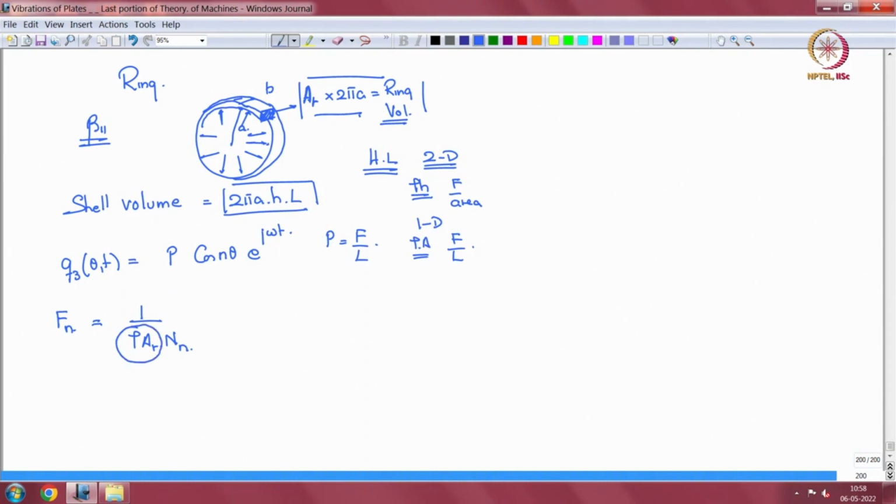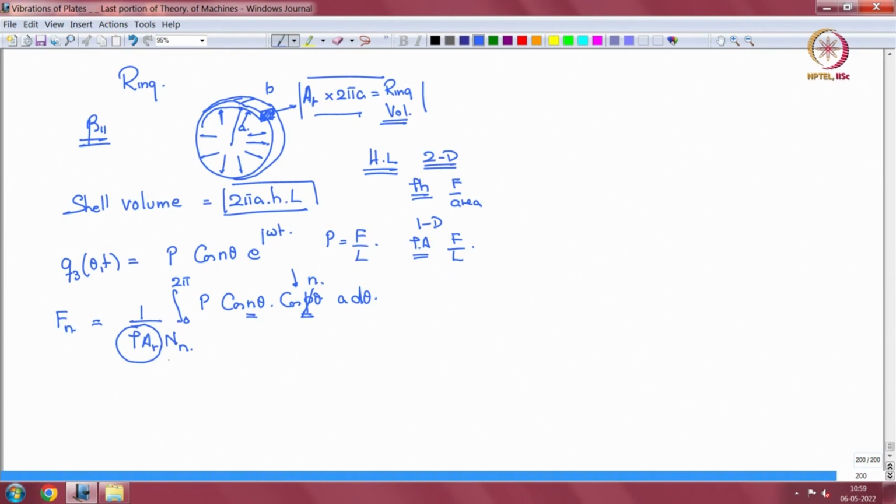So what is the numerator? The numerator is the integral from 0 to twice pi of p cos n theta into cos n theta. If I put cos p theta, which is the mode of the ring, and integrate, then this will be 0 as long as n is not equal to p, so this has to be equal to n. Now, what happens over here?